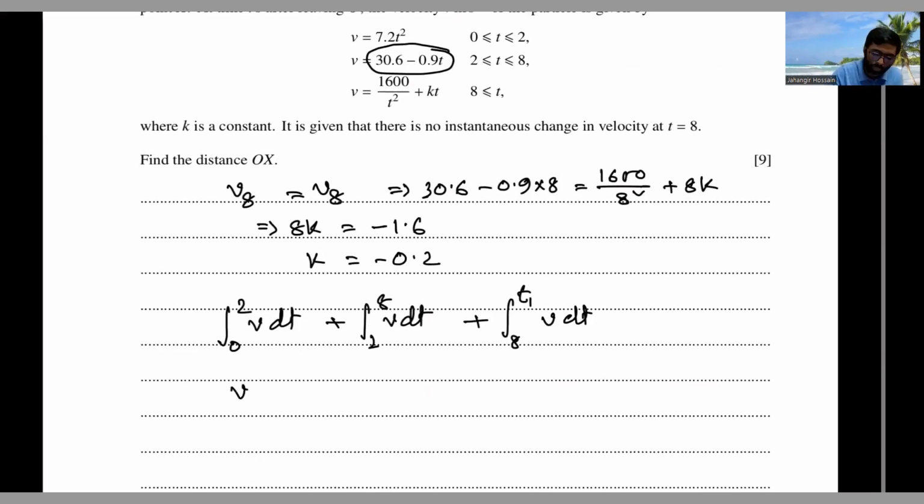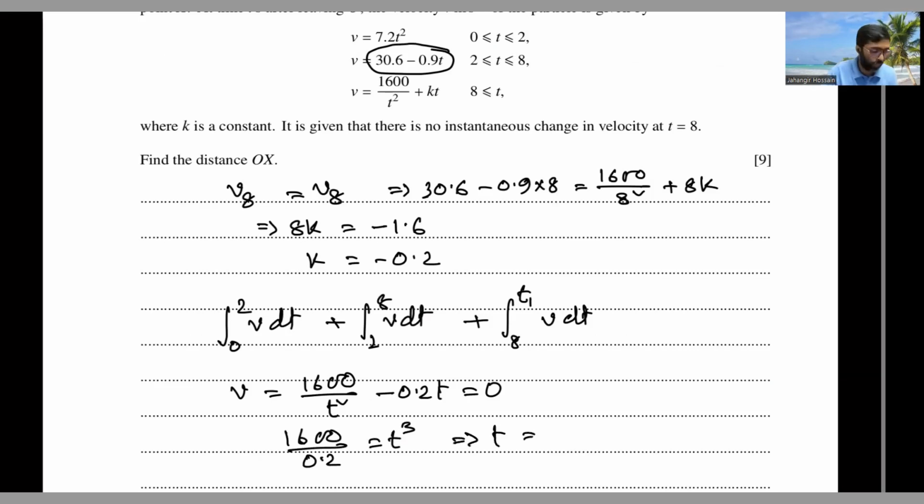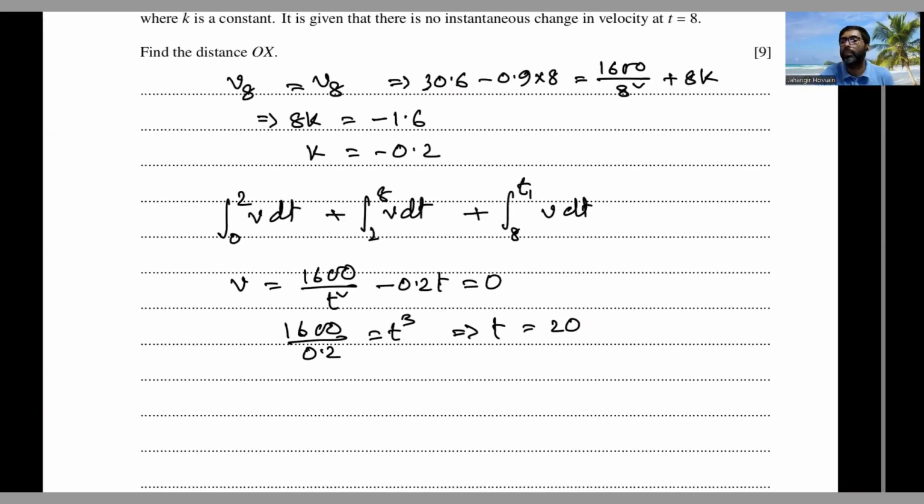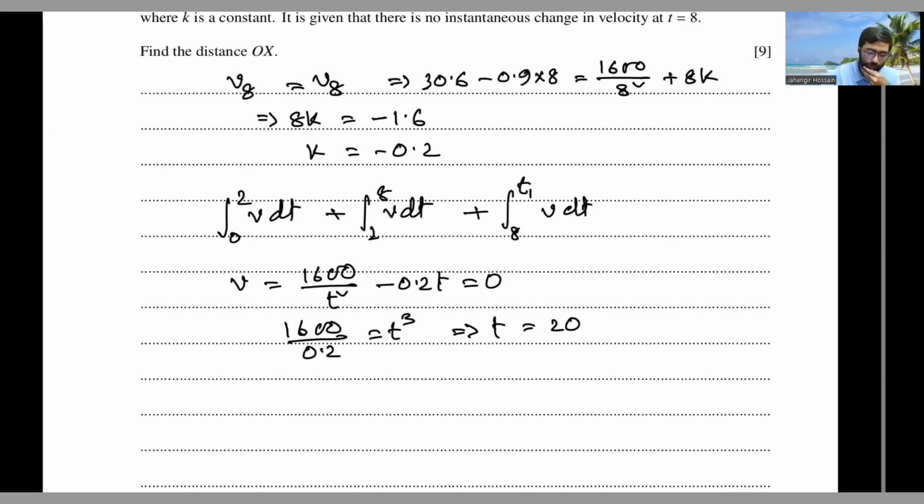Let's say it's t1. This is the value of t when the particle comes to rest. So this value is greater than 8. So apply v as 1600 by t square minus 0.2 t equal to 0. So we have 1600 by 0.2 equal to t cube, t equal to 20. Now integrate.